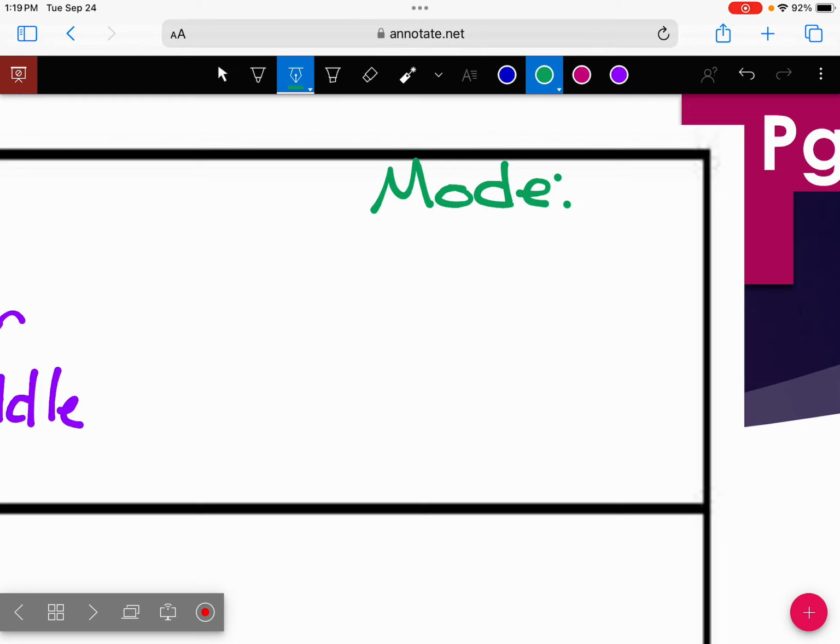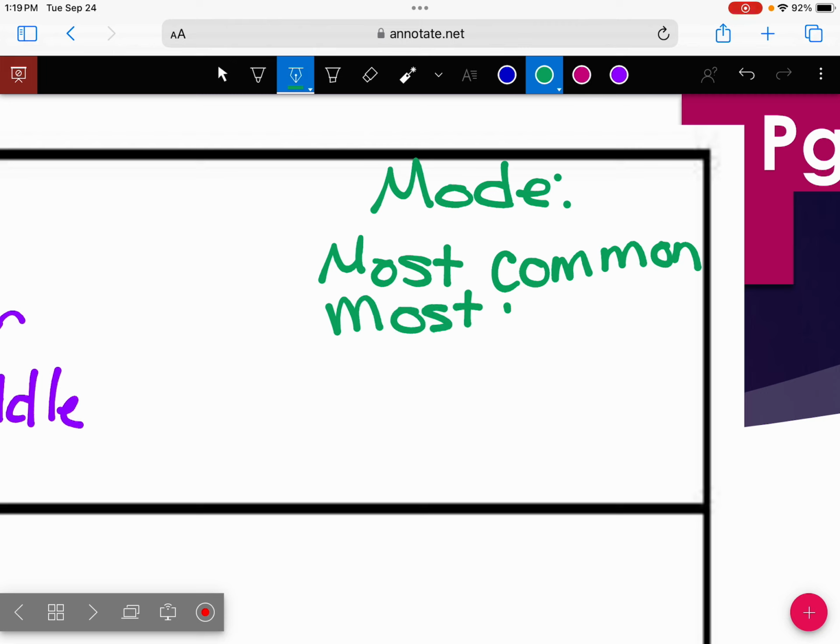It's the most common. Mode is most. It's the most common, the most repeated. So most common, most repeated.